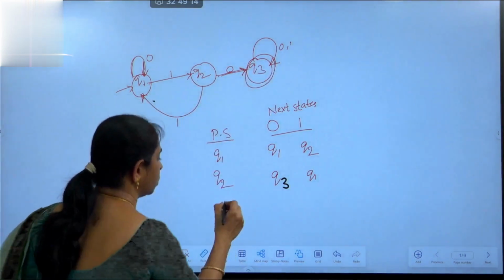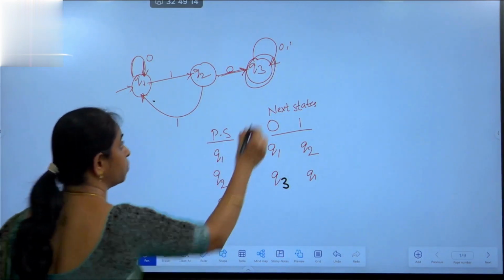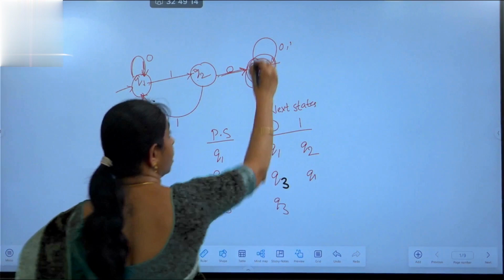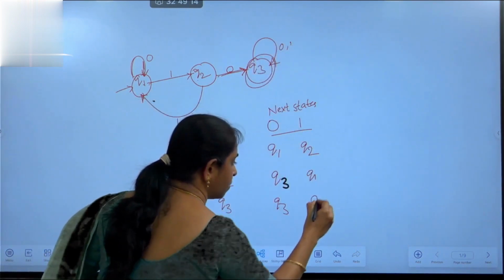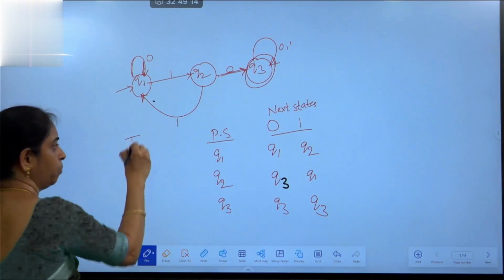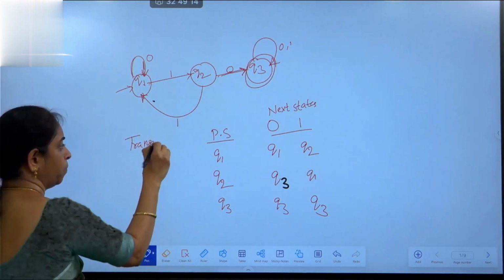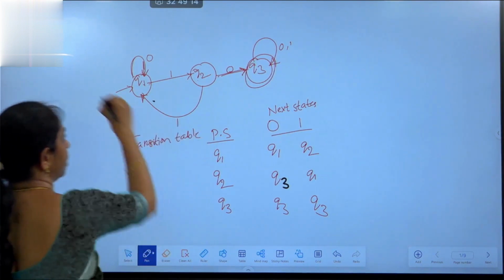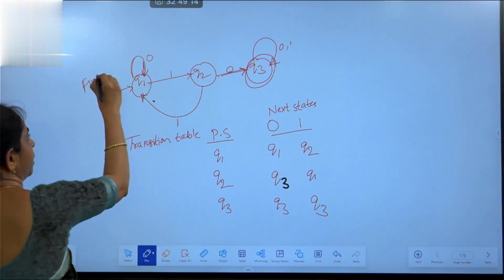Next, coming to Q3, on input alphabet 0 it stays in the same state, Q3; on input alphabet 1 also the same state, Q3 itself. This is the transition table, and this is the finite automata diagram.